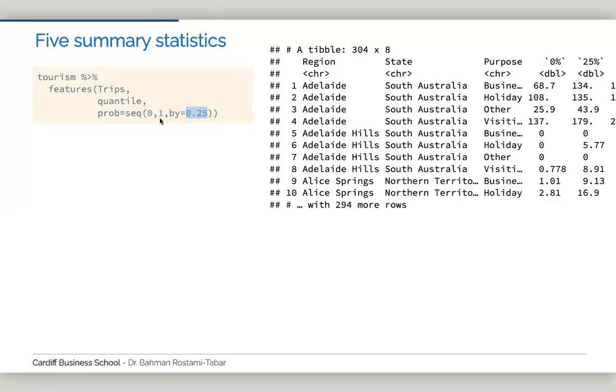So I have 0, 0.25, 0.50, 0.75, and 1. The 0 here is actually the minimum. We can't see it here, but there is a column for 100, and 100 is the maximum. So if you are interested in extracting these simple statistics, this is the function you have to use, and this is the way to do it.